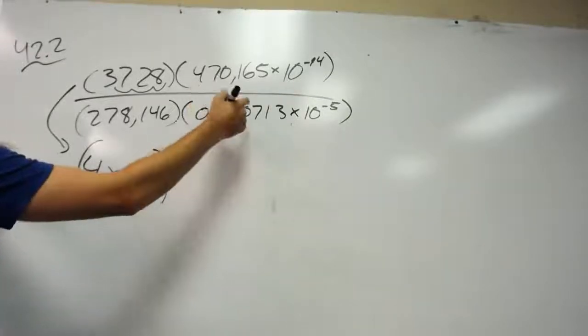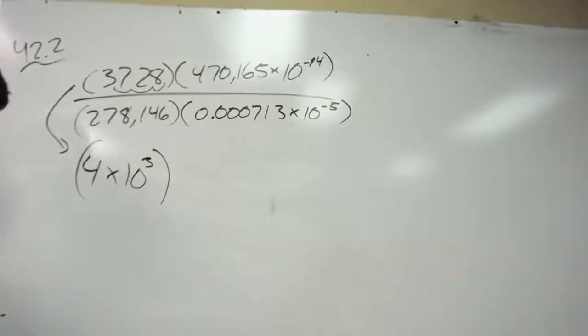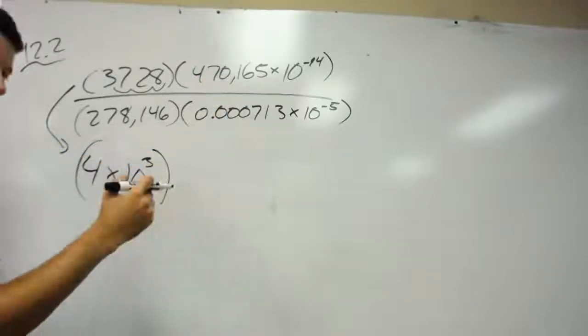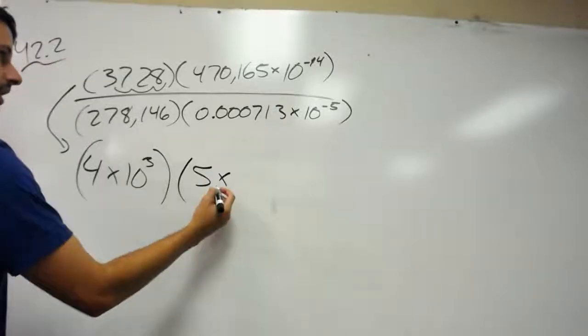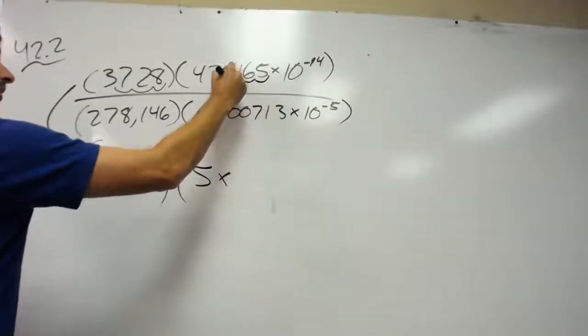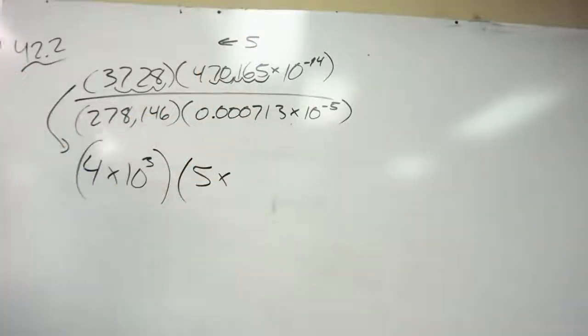Okay, this one already has a power of 10. First of all, we look at it: would 470,000 round up or down? Well, that would round up to 5 times, let's see how many times we move the decimal: 1, 2, 3, 4, 5. So we're moving the decimal 5 to the left.